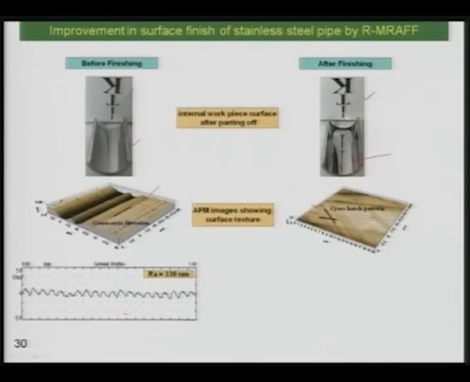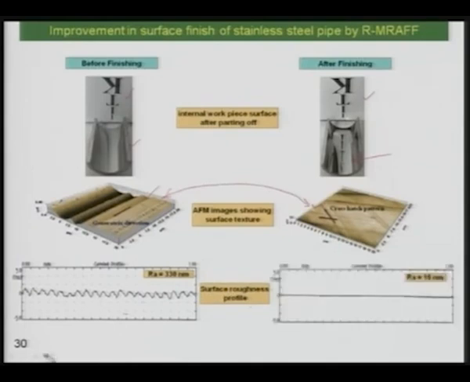This is the atomic force micrograph that you can see clearly, and you can also see the difference between these two surfaces clearly. Then the surface roughness profile is there, 16 nanometer here, and on the left side 330 nanometer, and it clearly indicates the finishing that has been achieved by the RMRF process.